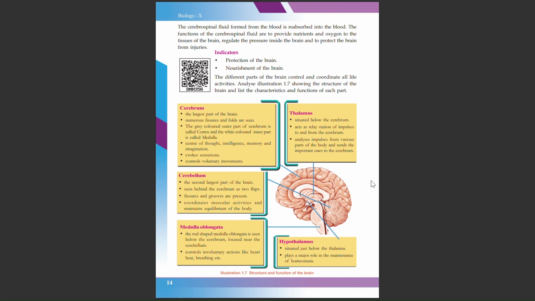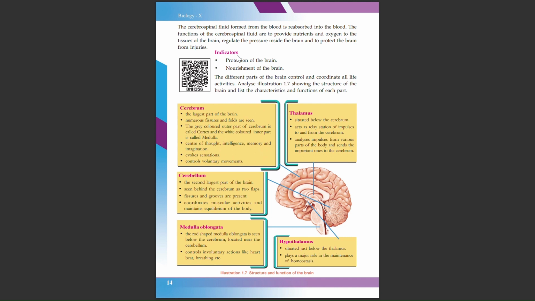If it goes and hits, it bounces to this side, so this side might get damaged. So because of the fluid, it bounces back like this and maintains equilibrium and nothing happens. It is just floating because of the spinal fluid. You have to write that. These are the three important functions of the CSF.